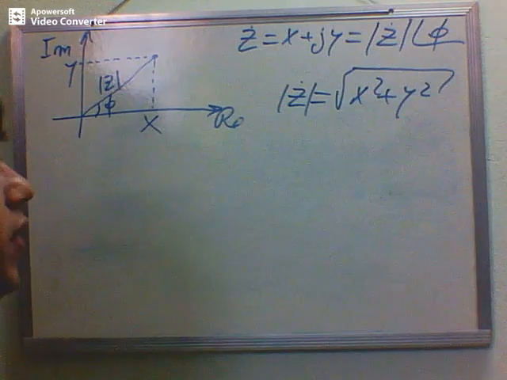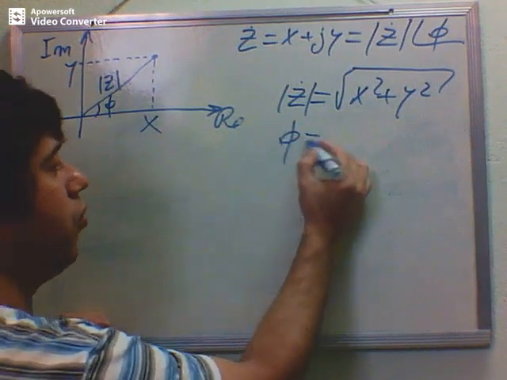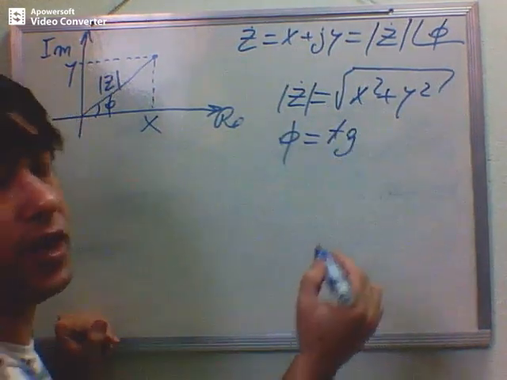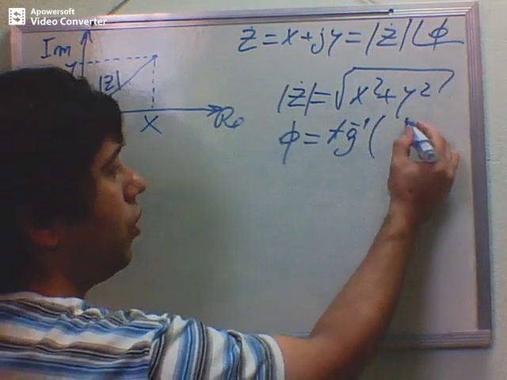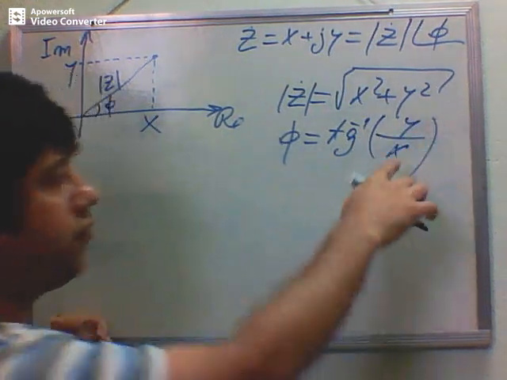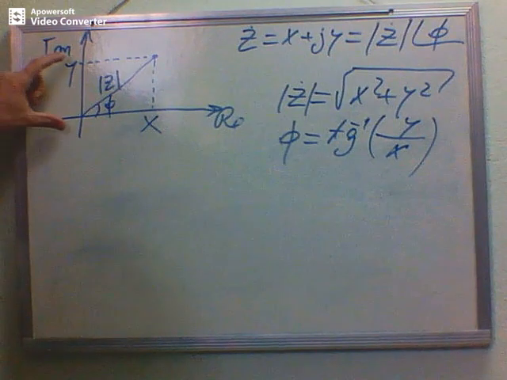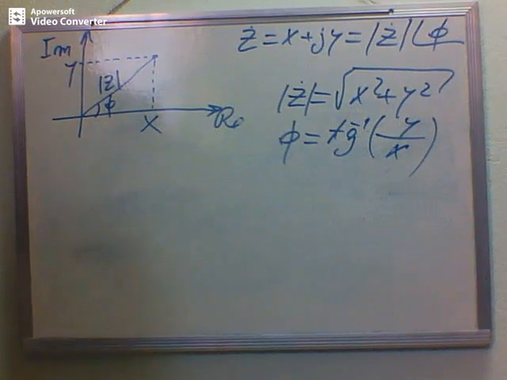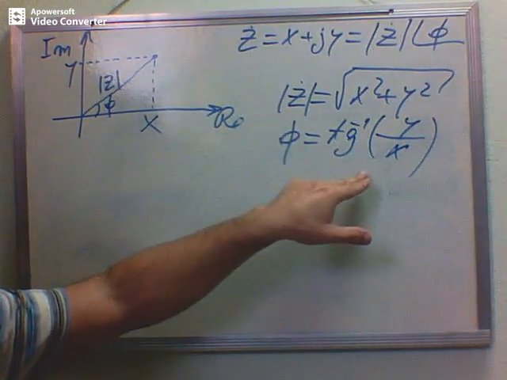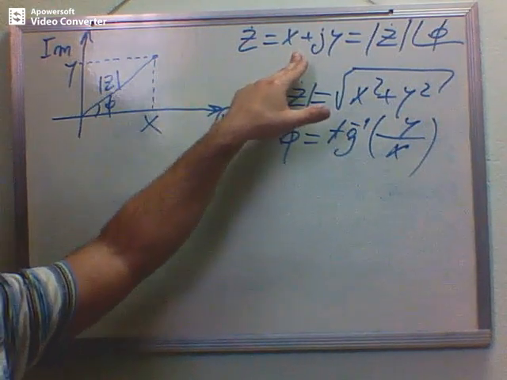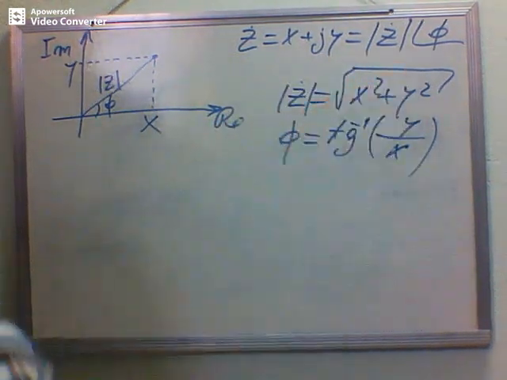And how about the phase? The phase is going to be equal to the inverse tangent of the division of the coordinates, y divided by x. Using these expressions, we can convert from the Cartesian coordinates to the polar form.